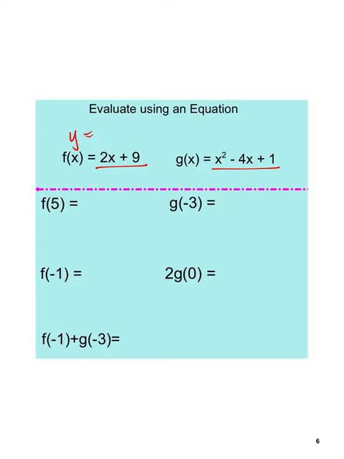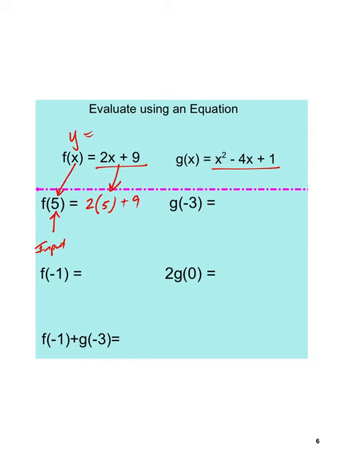Okay, so going back to that very first slide, what is the input? Then what's inside the machine, and then what's the output? So for instance, in this problem right here, 5 is the input. The machine is the f of x function. So what that simply means is where there was an x, there's now a 5, because as you can see, the x was replaced by a 5.